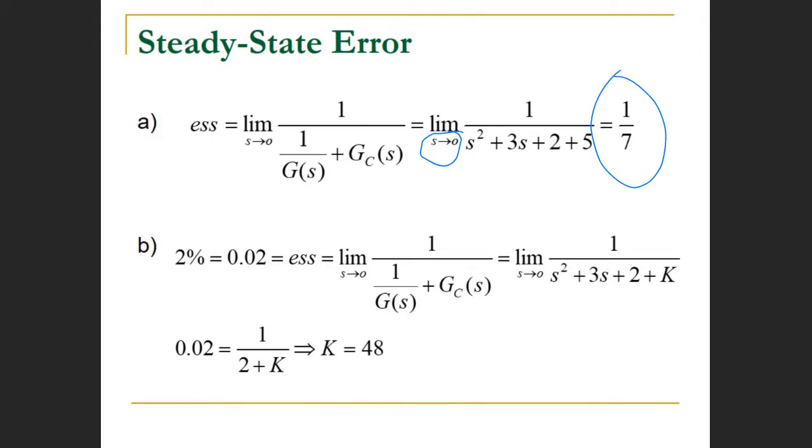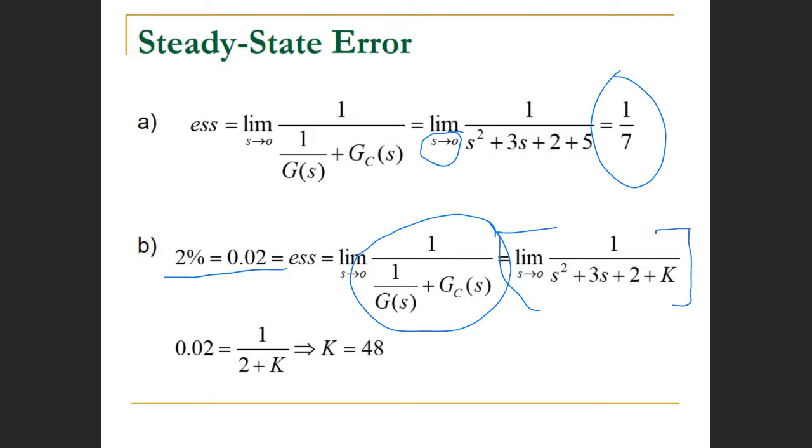Is that okay? So now let's look at the situation where we want a 2% steady state error due to step disturbance. And so again, in a similar way, we're equating 0.02, which is 2%, as the steady state error. And we're again substituting the expression here. And so what we find now is that the new expression that we're going to take the limit of is 1 over s squared plus 3s plus 2 plus k.